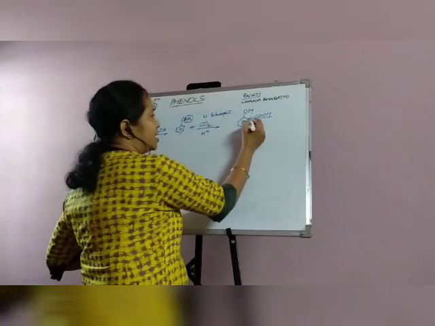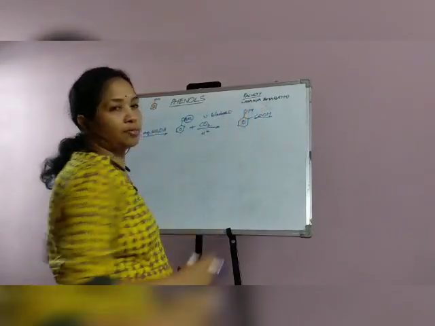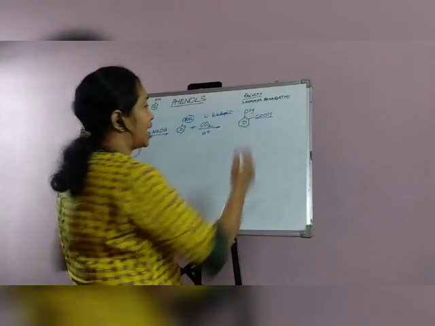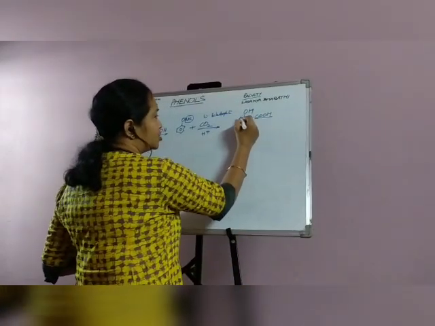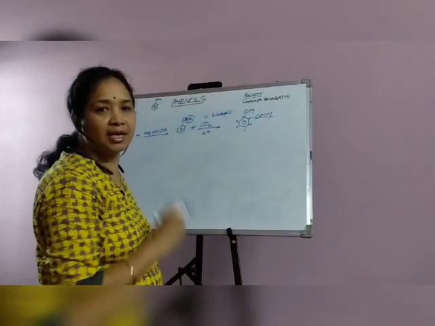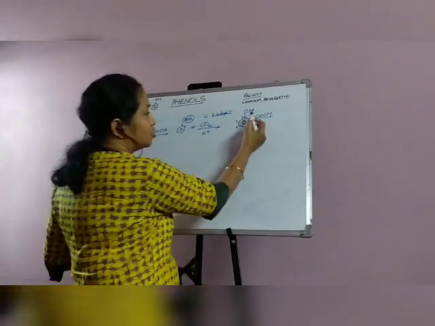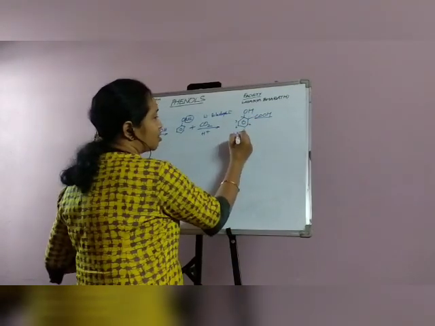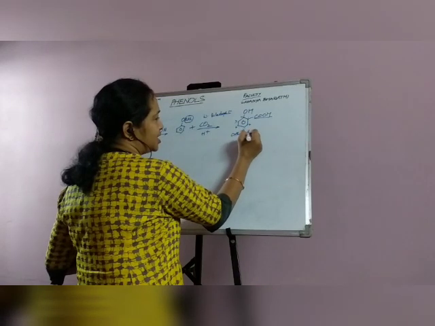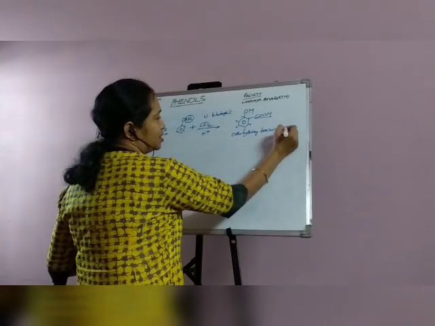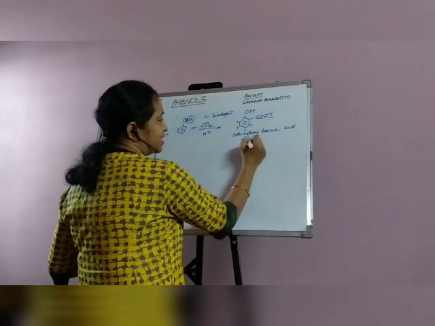According to IUPAC nomenclature, COOH is given more priority, and the numbering goes 1, 2, 3, 4, 5 and 6. So we give the IUPAC name as 2-hydroxybenzoic acid, or you can also call it ortho-hydroxybenzoic acid. This is named salicylic acid.